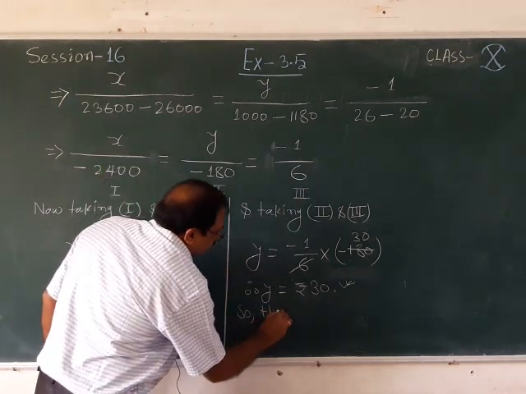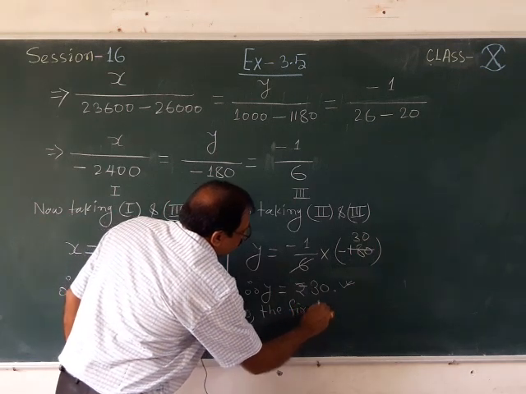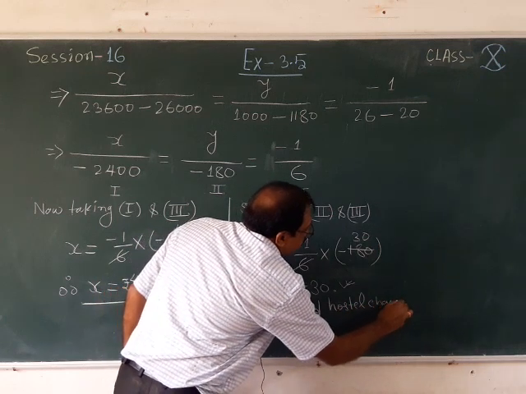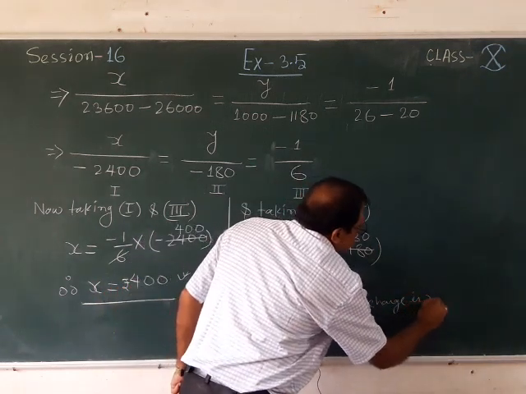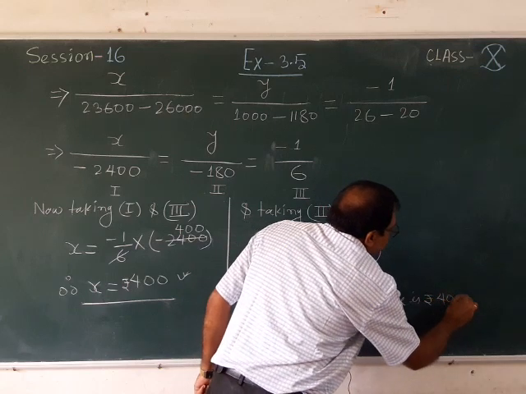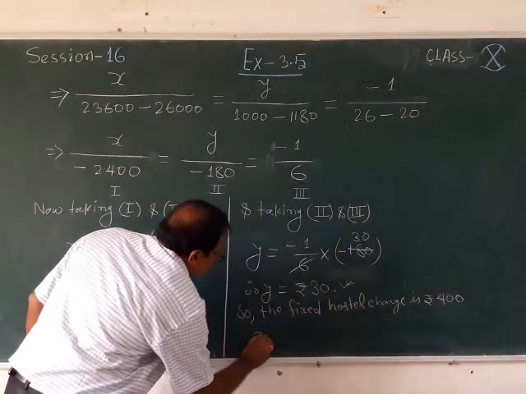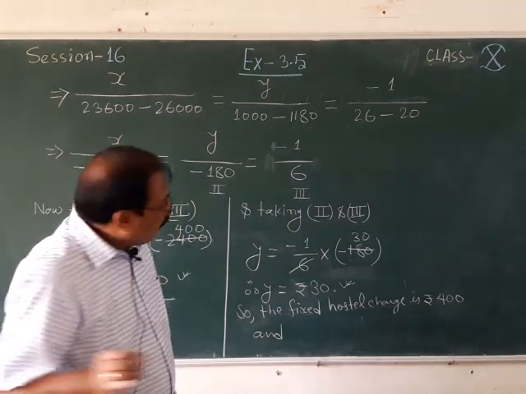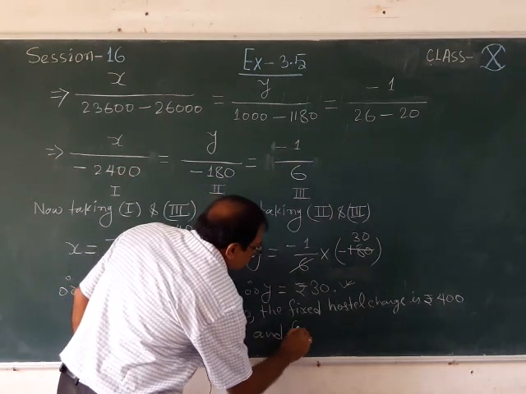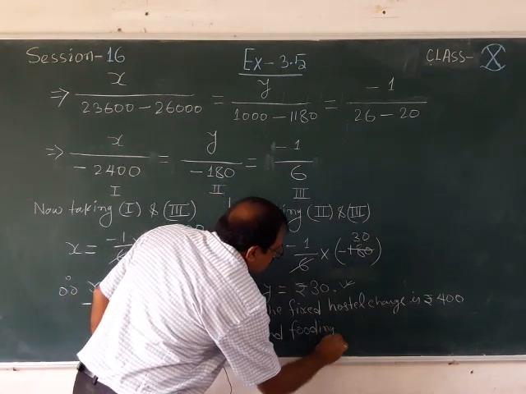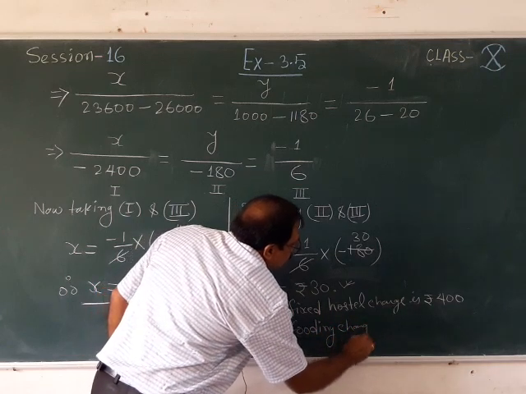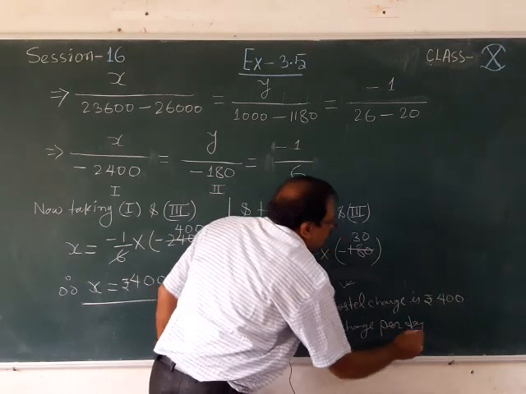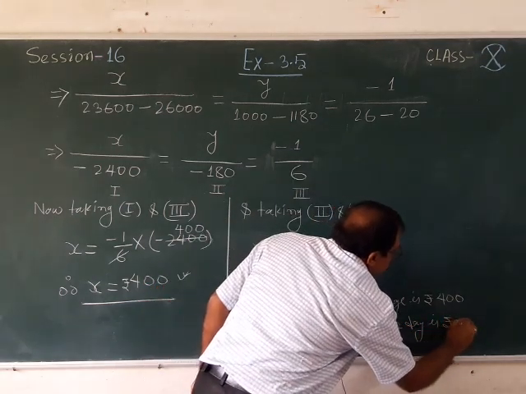The fixed hostel charge is rupees 400 and the fooding charge per day is rupees 30.